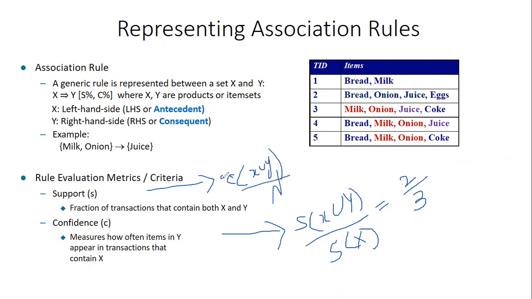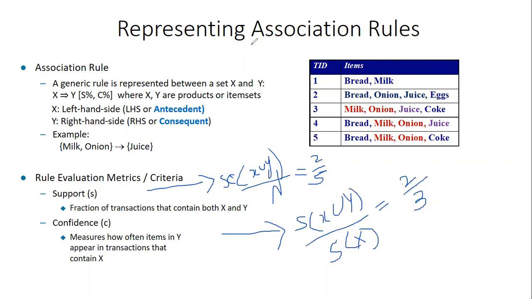I just write the support count. That is nothing but milk onion juice, 2 divided by 5. So this is the support.